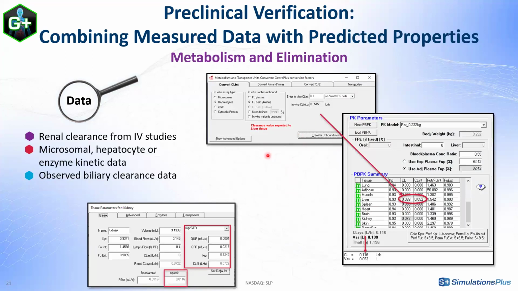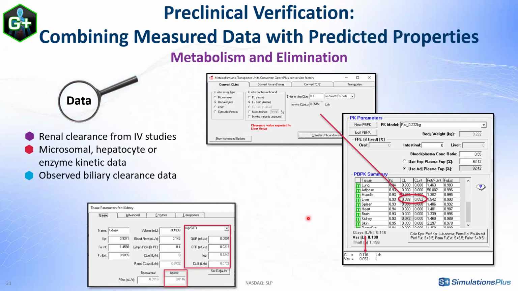So if you have measured clearance in rat hepatocytes, you can enter this and the program will scale it to unbound intrinsic clearance before using the well-stirred model to calculate total in vivo hepatic clearance. We have a number of options for the fraction unbound in the incubation based on the equations derived by Austin or Halifax, or using FU plasma as a surrogate for the FU incubation, or you can input measured data here by switching the input to user defined.